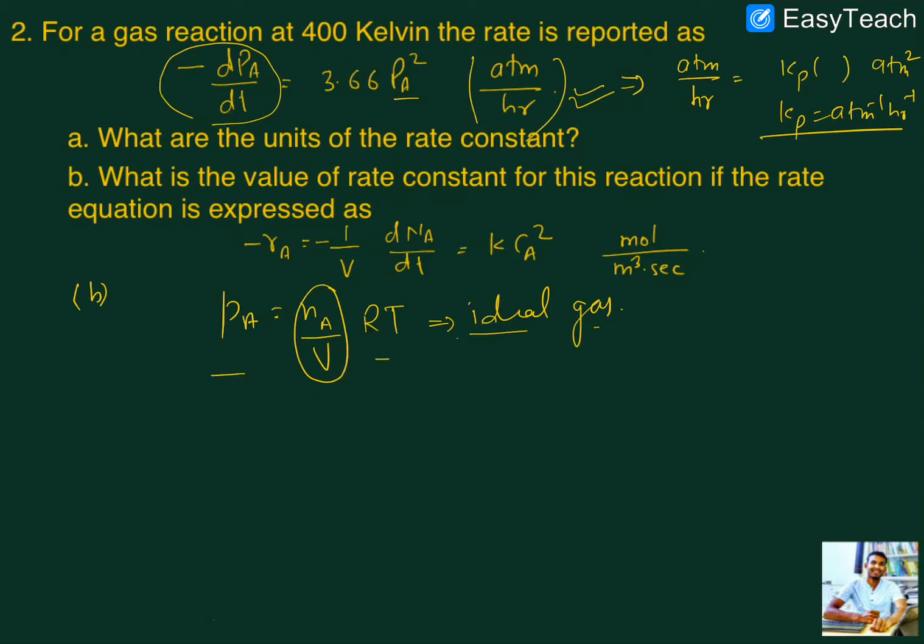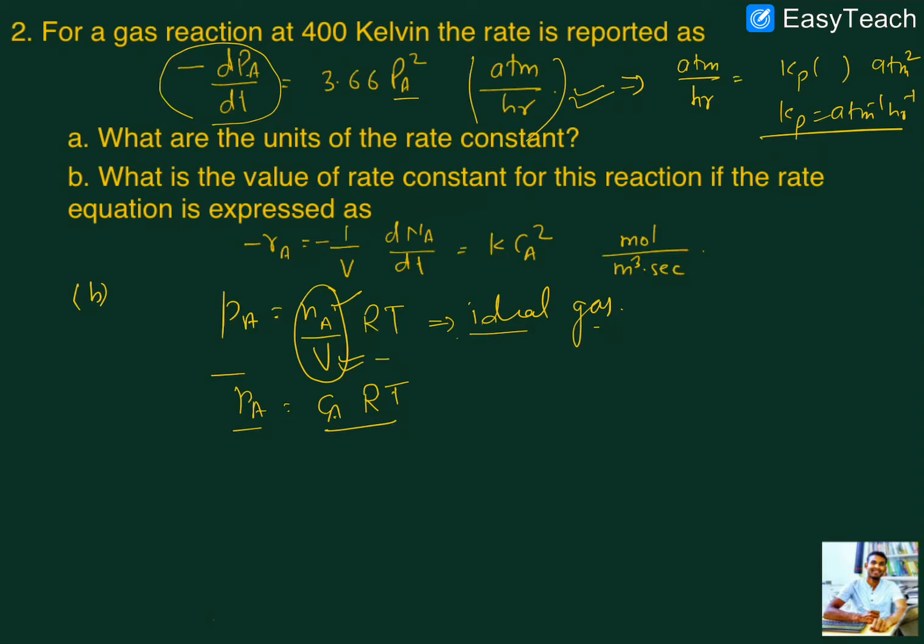We can write partial pressure in terms of concentration. Since this is moles per unit volume, which is concentration, P_A is equal to C_A RT. So if you replace P_A with C_A RT, let us see what kind of equation we get.